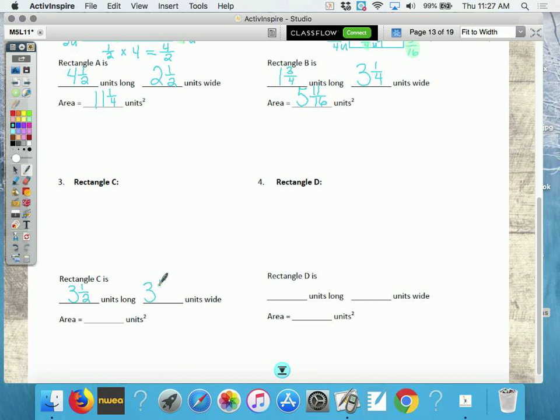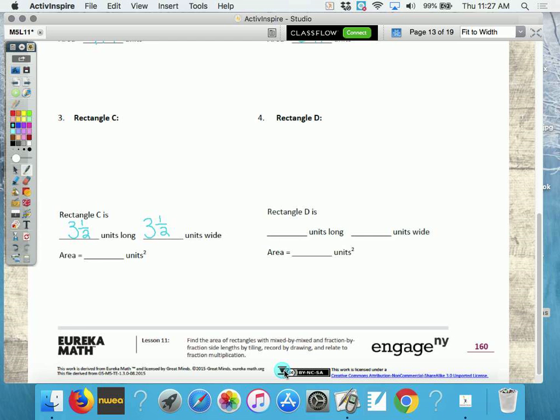It's actually going to be a square. Okay, so 3.5 by 3.5. So I'm going to draw a square. Don't make it too small because you want to be able to write, okay?